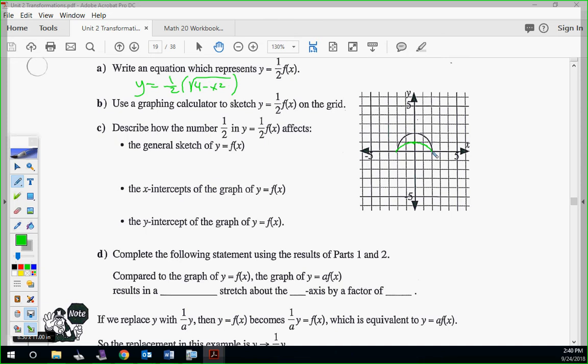So the general sketch of y equals f of x, it's a vertical stretch by a factor of 1/2 about the x-axis again.